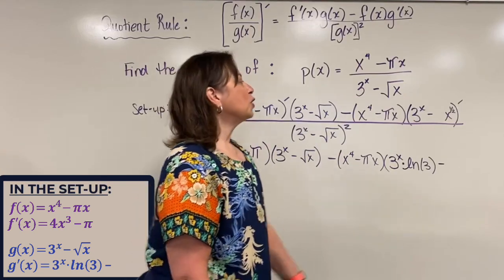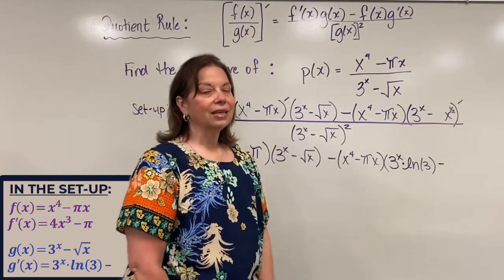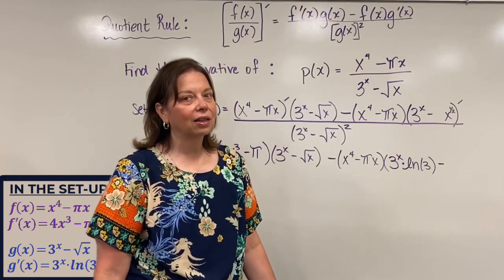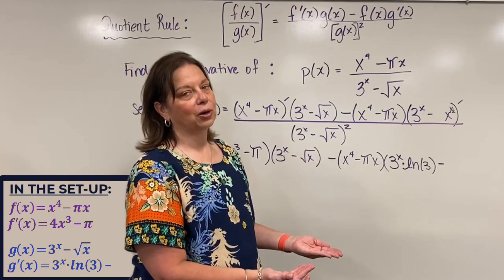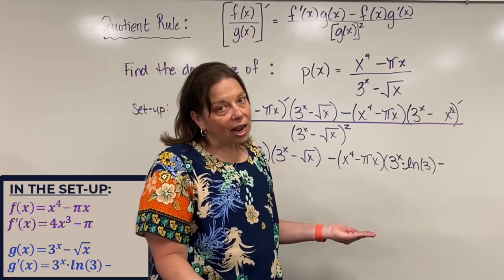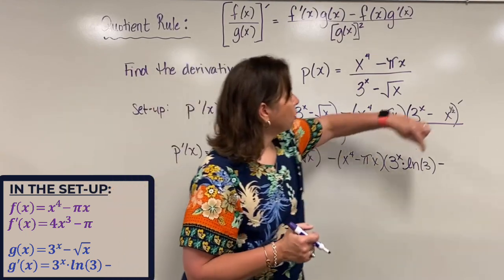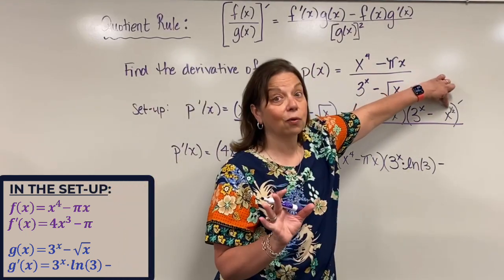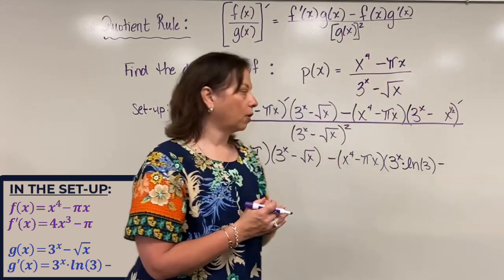Okay? So by doing this little rewrite of a square root, it allows us to take the derivative a little bit more efficiently, because now we recognize it's just a power. Yes, of course, it's a fractional power, but we can still use the power rule here. So the power rule once again says, take your 1/2. When you find its derivative, of course, put it in front of our x.